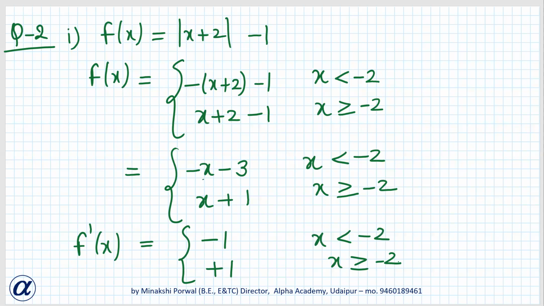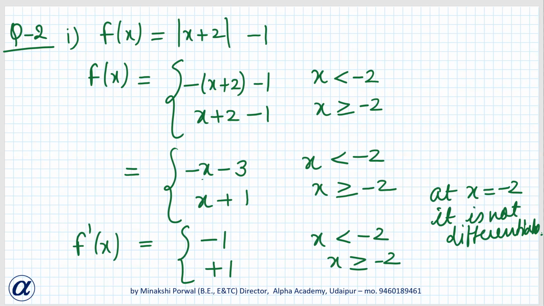Okay. And at x equals to minus 2, the function cannot be differentiated. The point of discontinuity, at that point we can't differentiate it. Okay, the point where the definition of the function changes. At x equals to -2, it is not differentiable.